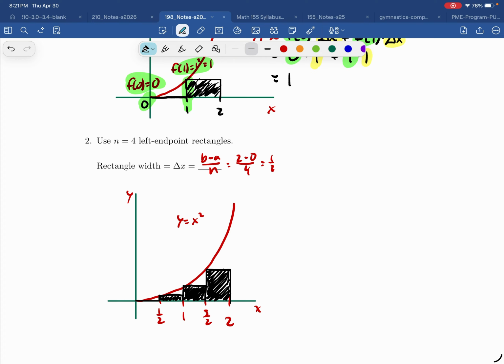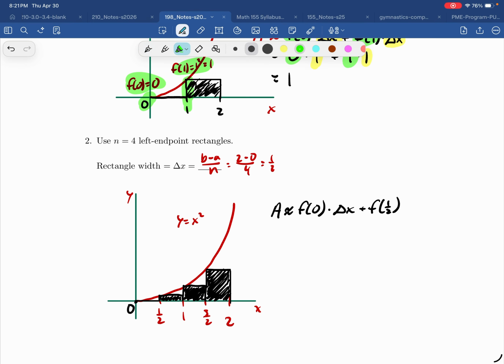So what is this area going to be? Well, since we are talking about left endpoint rectangles, it's going to be approximated by f of 0, the height of that first rectangle, times delta x, plus f of 1/2. That's this guy right here.